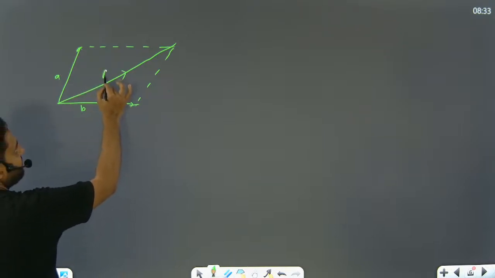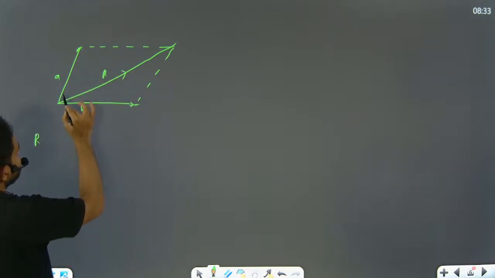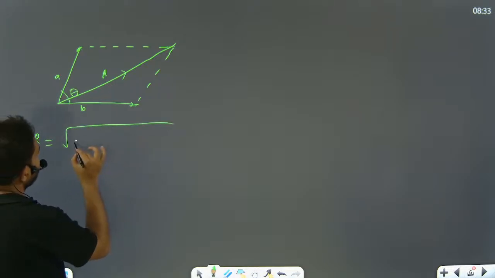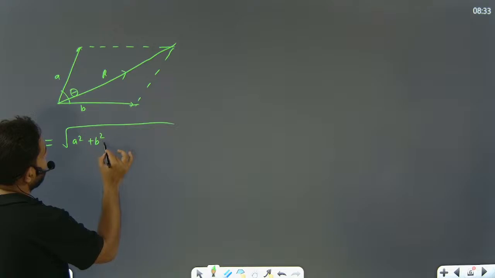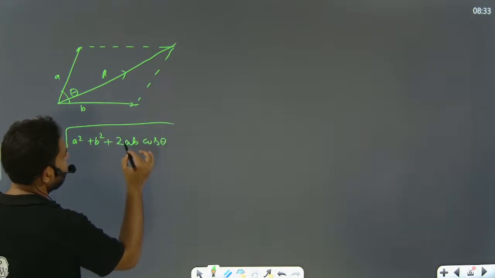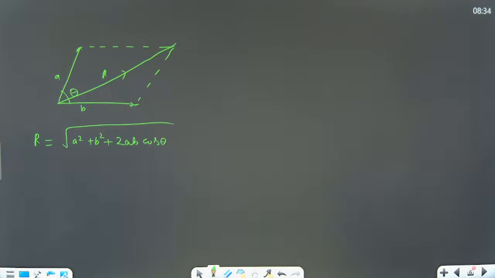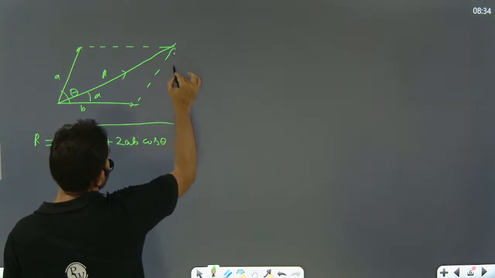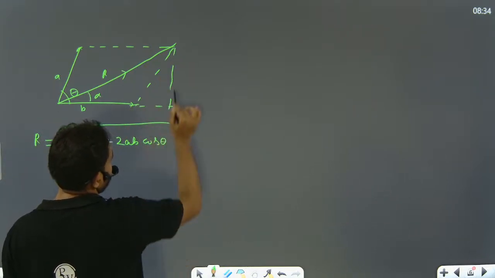The resultant R, where the angle between the two vectors is theta, will be equal to the square root of A square plus B square plus 2AB cos theta. Do you remember this? You have to write down everything, beta. This is the vector sum. If I want to find the resultant angle alpha, I will make a triangle.